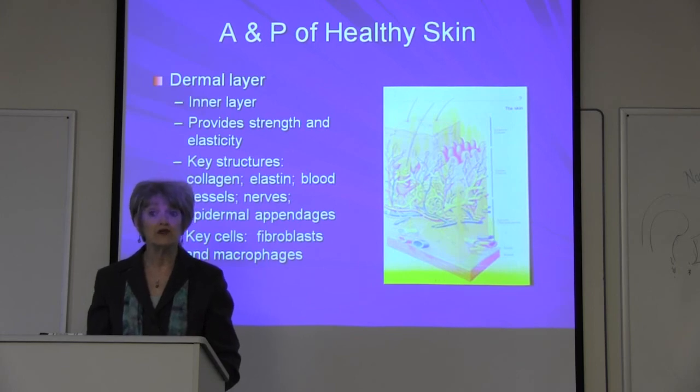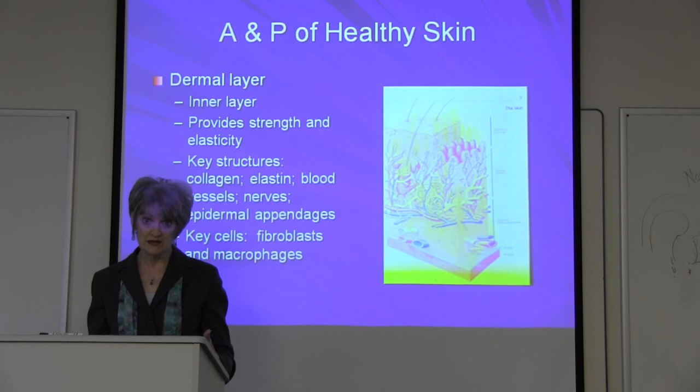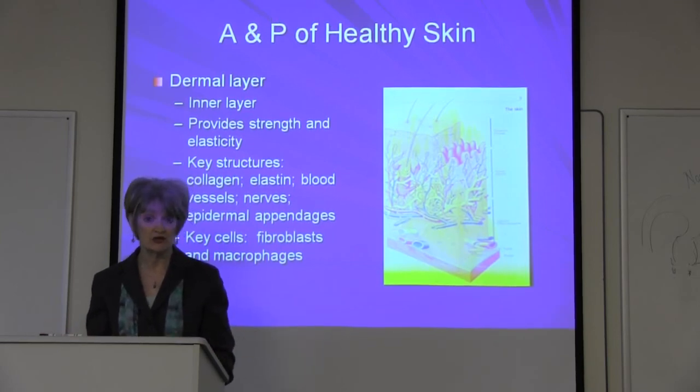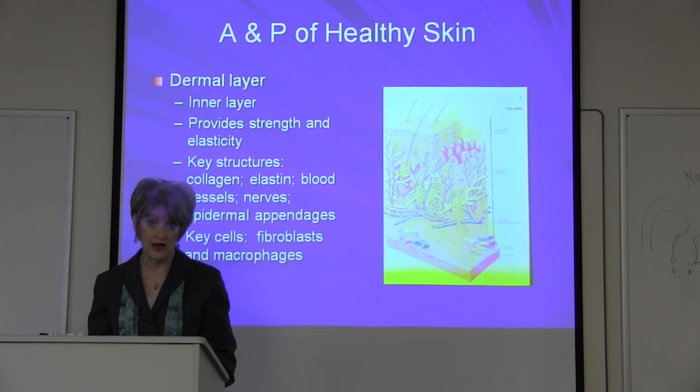If you look at cells, two of the key cells are the fibroblast and the macrophage. Now you know the fibroblast is the only cell in the body that can make connective tissue proteins that can repair or replace collagen. And you've got fibroblasts liberally scattered throughout the dermal layer, ready to carry out repair work whenever necessary.